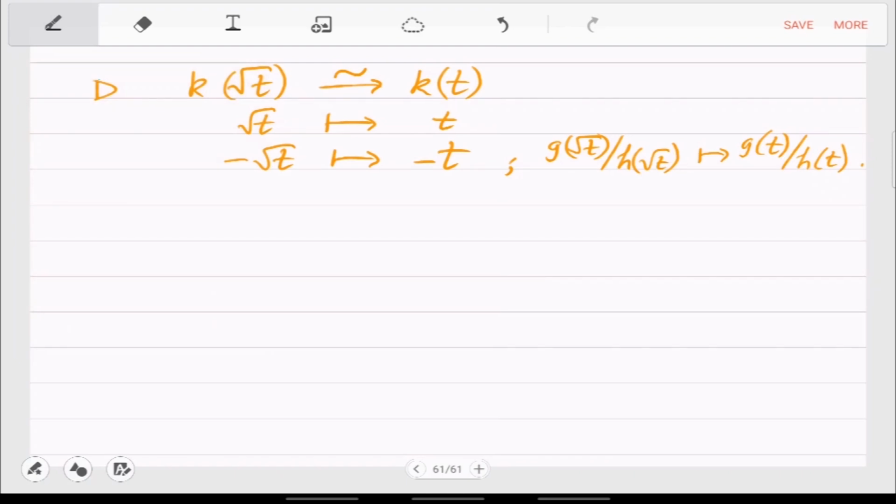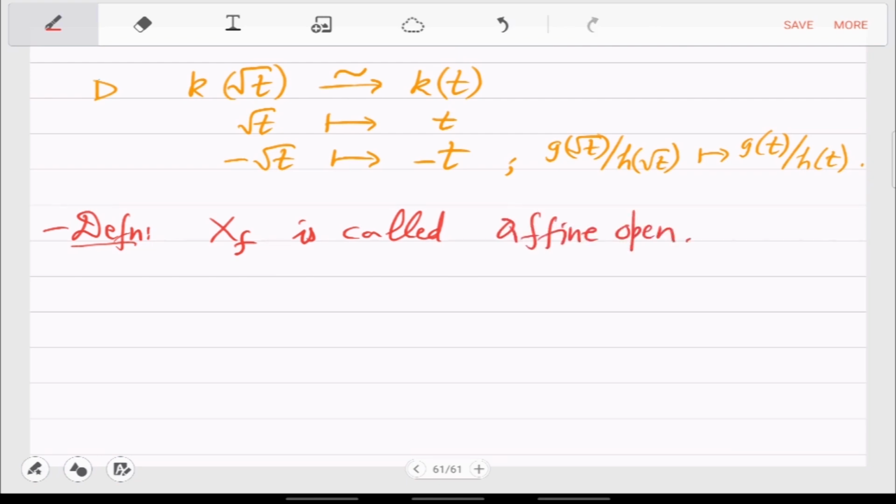Okay, what I want to define next is what is called an affine open. So we have seen this object X_f, the distinguished open set. We'll also call it now an affine open. We know that this is an open set because it was defined to be X minus the zeros of f, where f is a single polynomial.